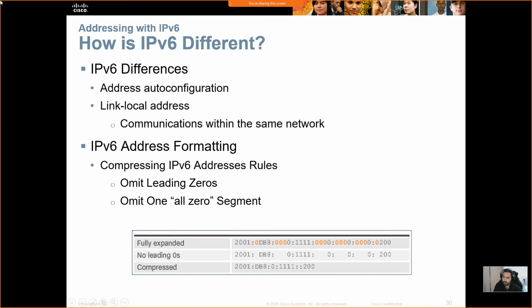The main difference is that because IPv6 has so many bits available, IPv6 addresses are not usually represented in a binary format. It's usually represented in a hexadecimal format.